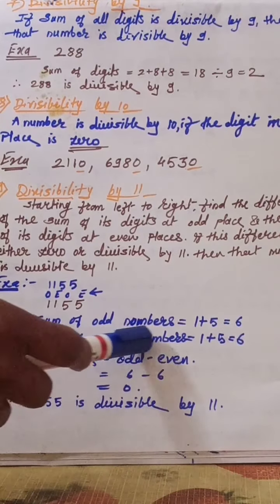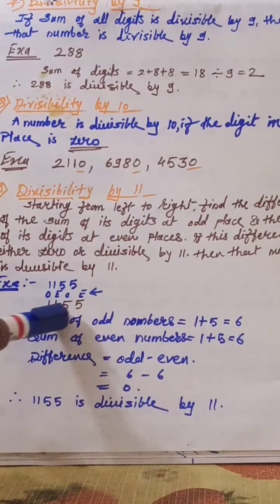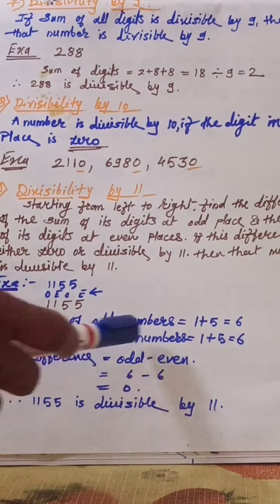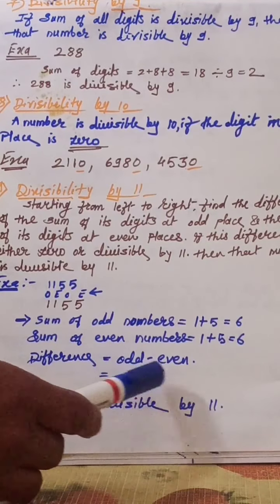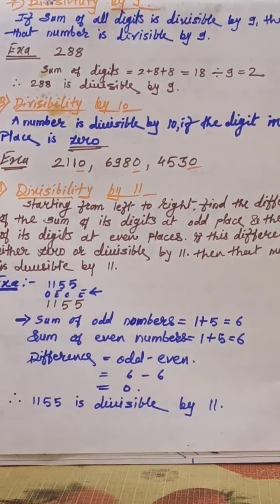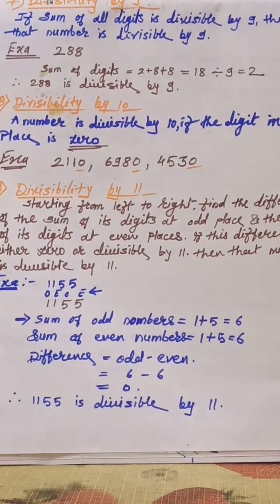Then take the sum of the even-place digits, 1 and 5. Now take the difference, odd minus even: 6 minus 6, both are 6. Therefore, it is 0. Therefore, the number 1155 is divisible by 11.